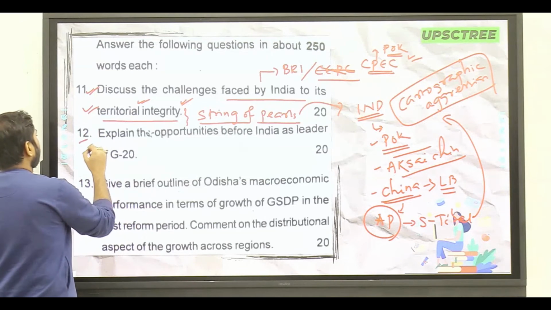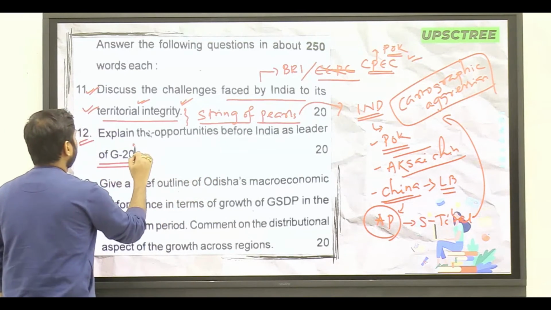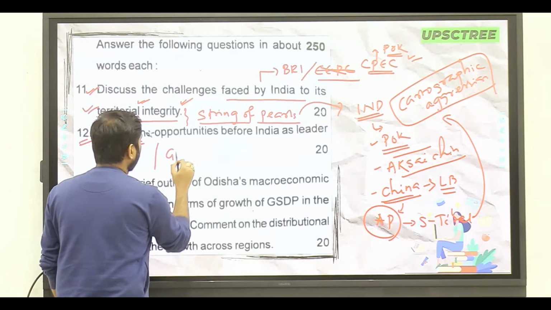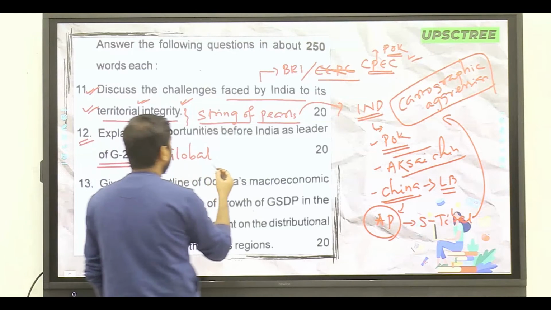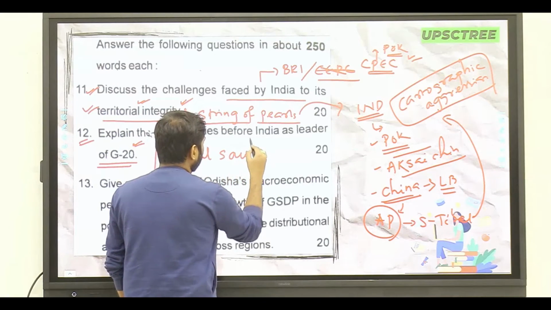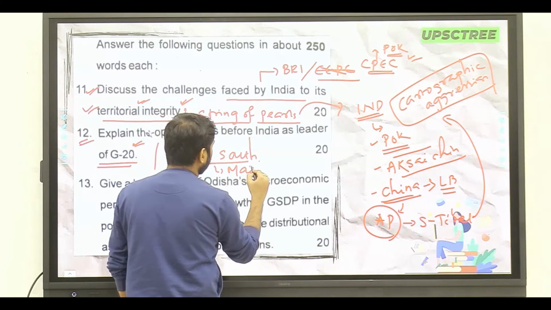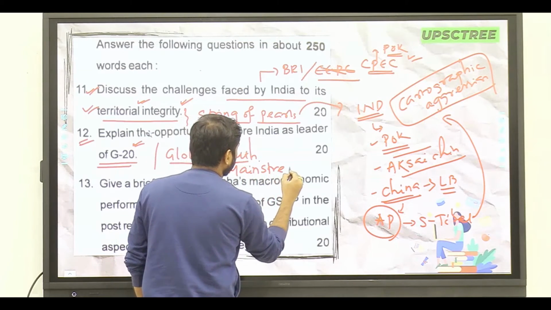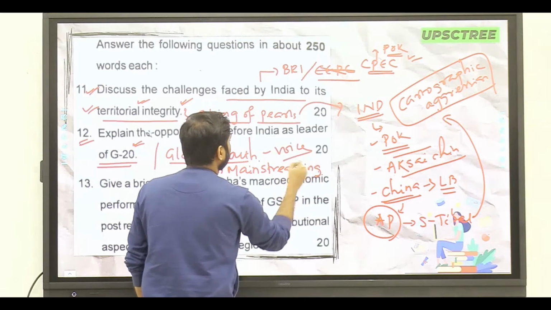Okay, explain the opportunities before India as a leader of G20. Okay, so we are talking about when India took presidency of G20, India has been mainstreaming the Global South, or India is trying to become the voice of the Global South.